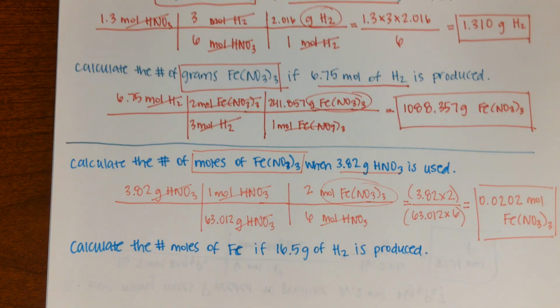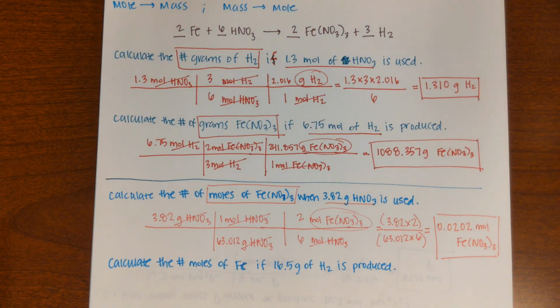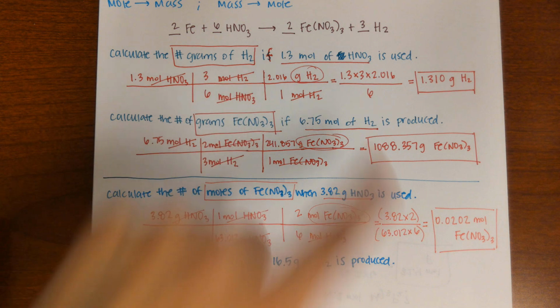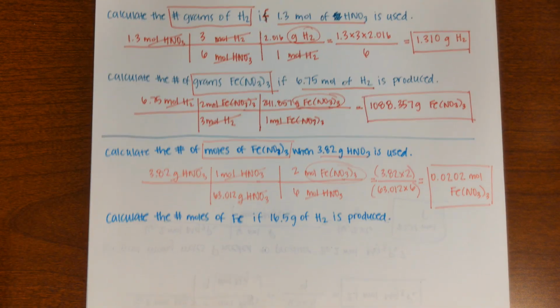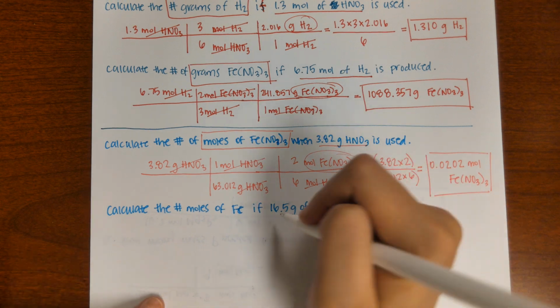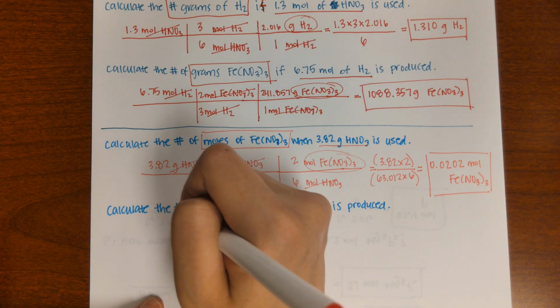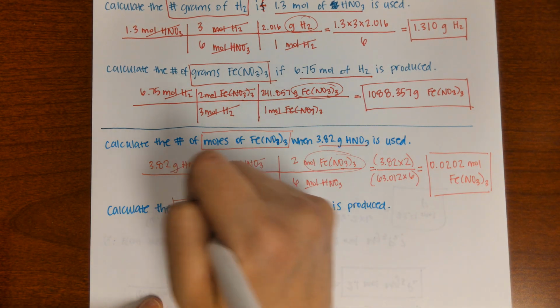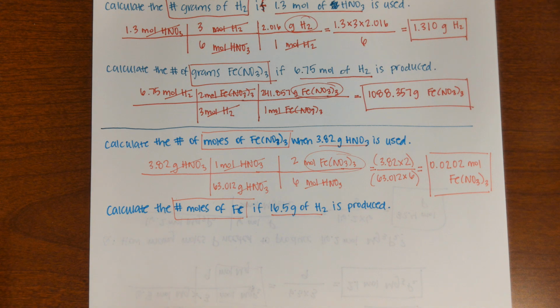Alright, so I hope you have the equation written out because, you know, gotta scooch over. But go ahead and try this by yourself. Again, highlight what you know, what you don't know, and go from there. Pause the video, try it out, and then unpause to check your work.